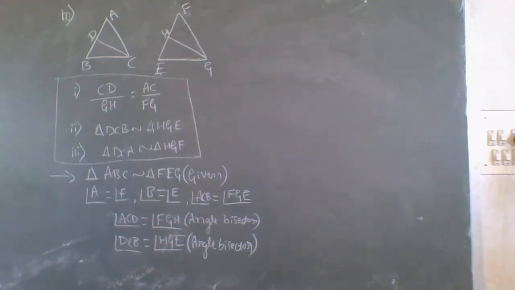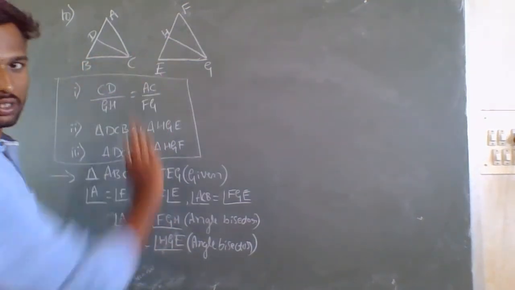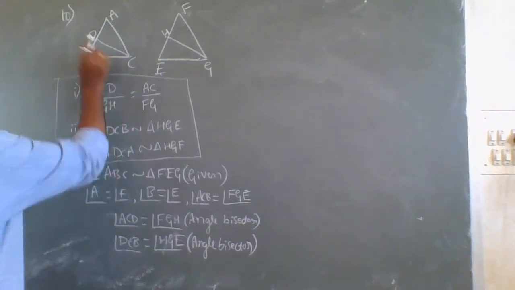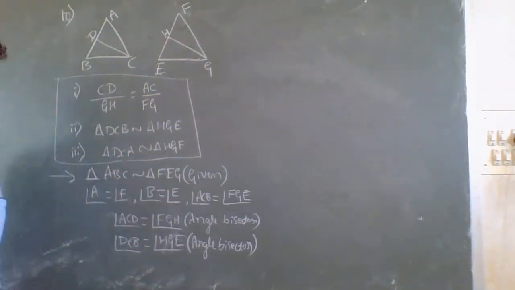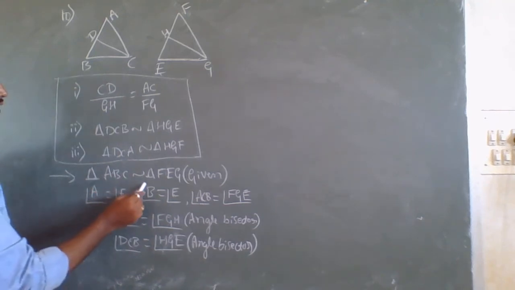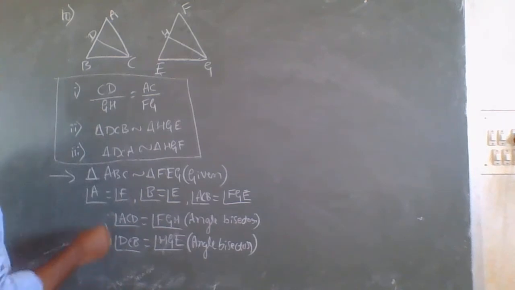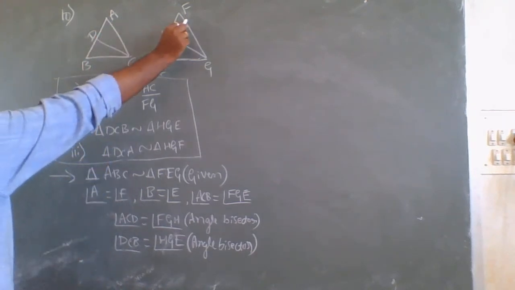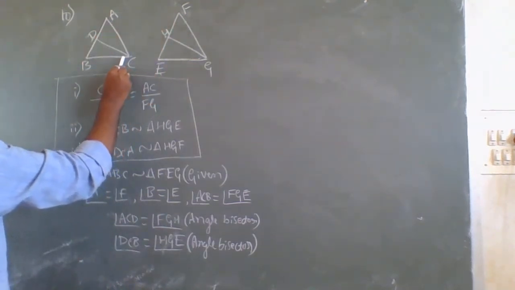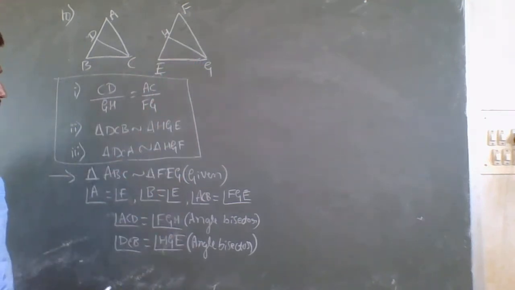So now, what are they given? These two triangles are similar, and CD and GH are angle bisectors. So now we can write triangle ABC is similar to triangle FEG. Now angle A is equal to angle F, angle B is equal to angle E, angle C is equal to angle G. Why?